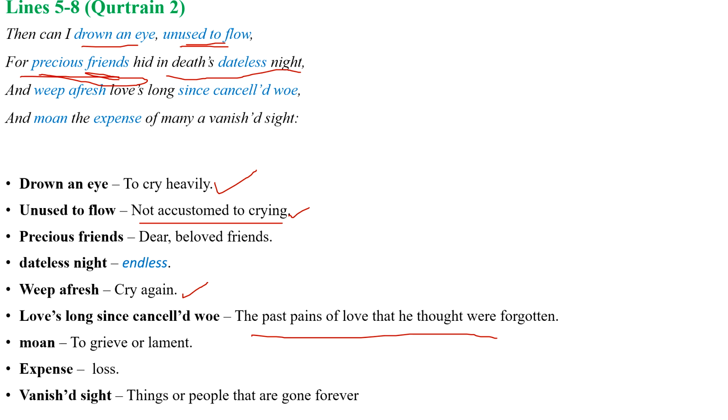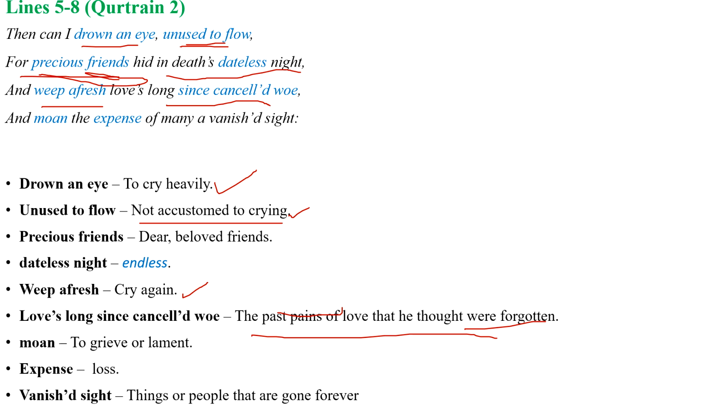He also feels the pain of old love once again, even though it has long been forgotten. The phrase weep afresh shows how powerful memory is in bringing back deep feelings.